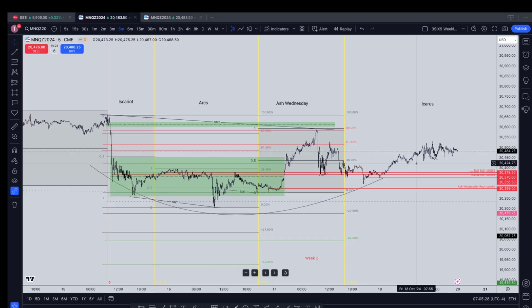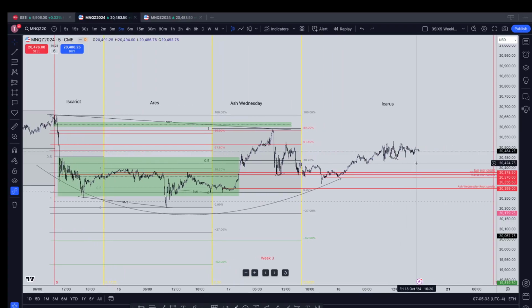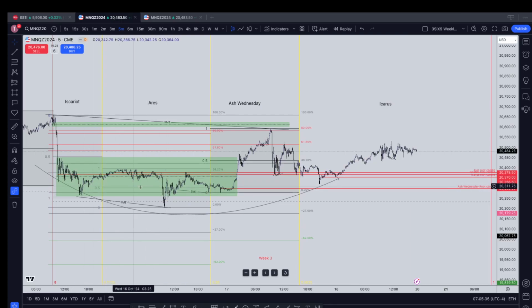So was this a good week for me to trade from looking at just Aries? No. Iscariot Aries, yes. I waited until Iscariot and Aries finished, and then once Ash Wednesday didn't break below Aries, I was just not interested in trading this week because price was not doing what I thought it was going to do.